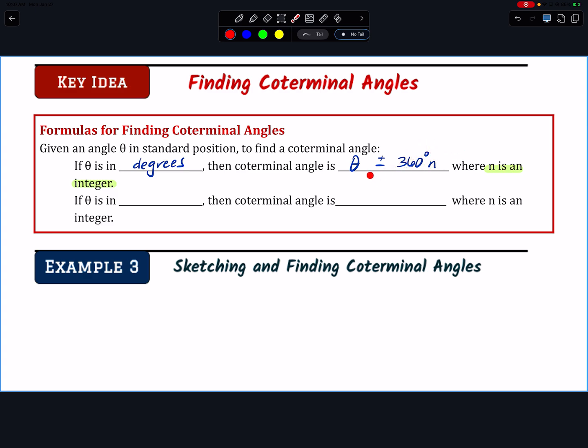We can plug in any number we want. If theta is in radians, then it would be theta plus or minus... What's 360 degrees in radians? 2 pi, so it would be 2 pi times n, where n is still an integer.